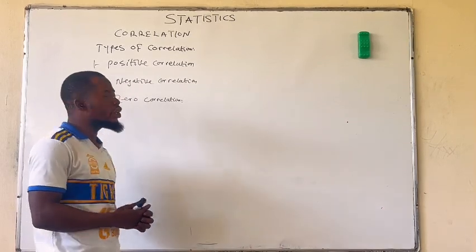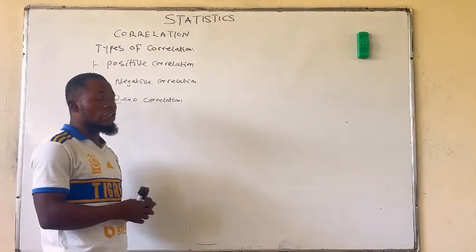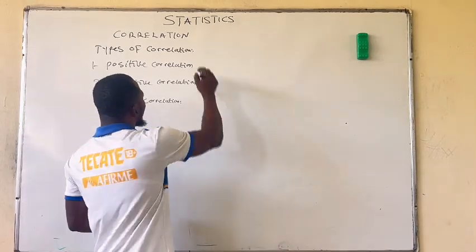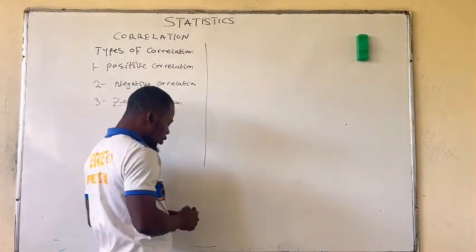Now, how do we know the nature of the relationship between the variables? We can calculate it using what they call correlation coefficients.